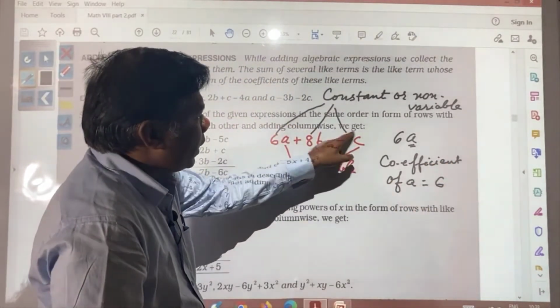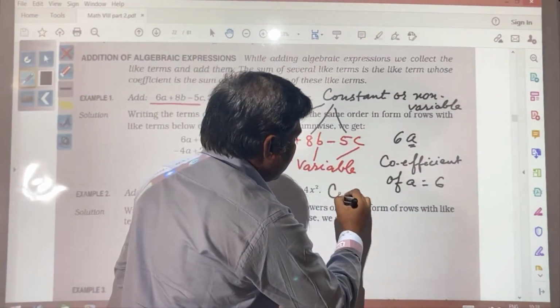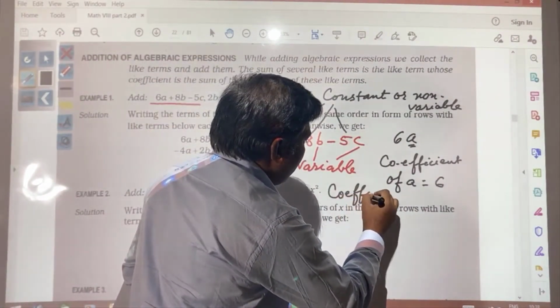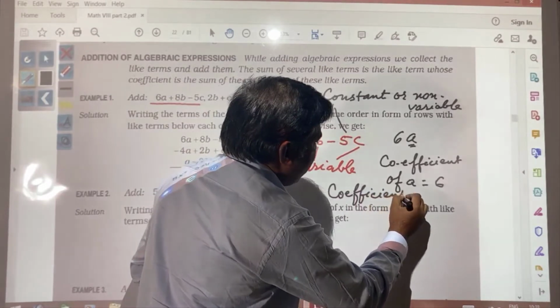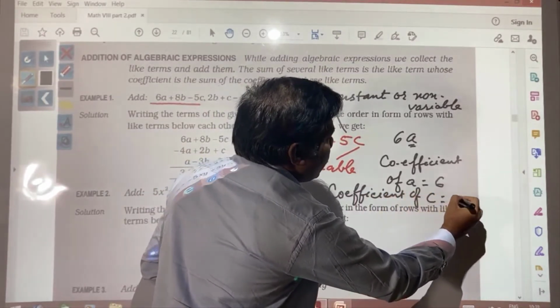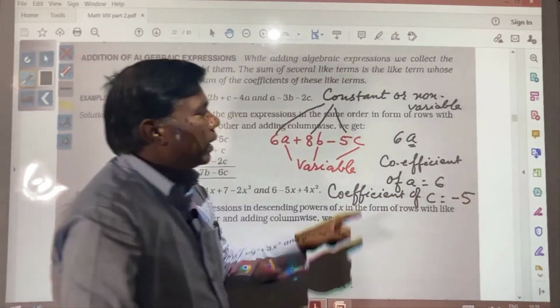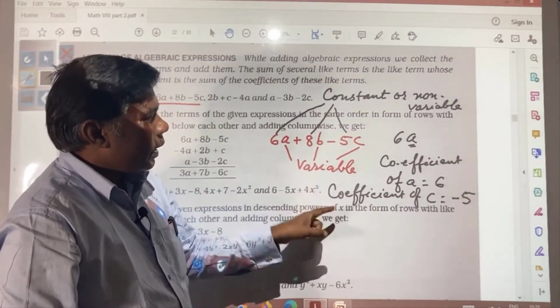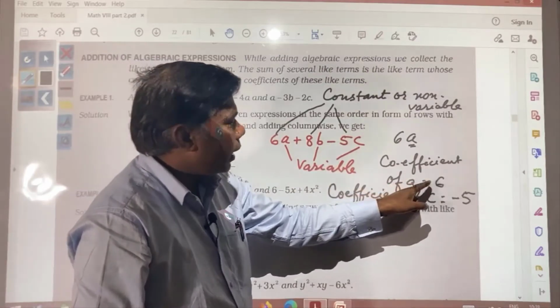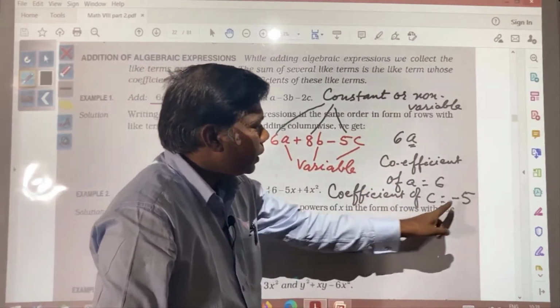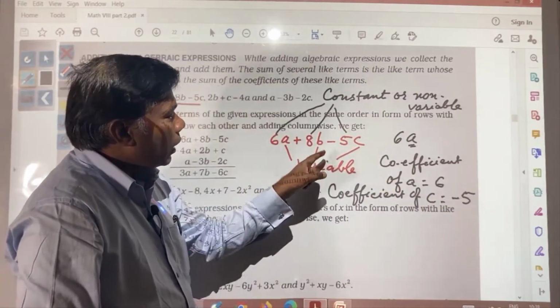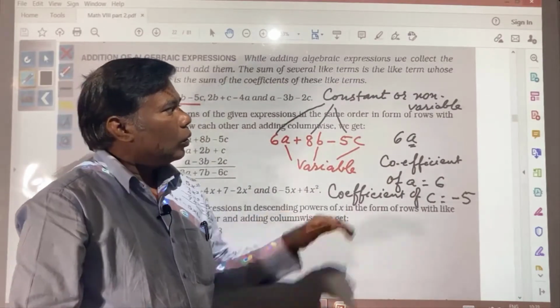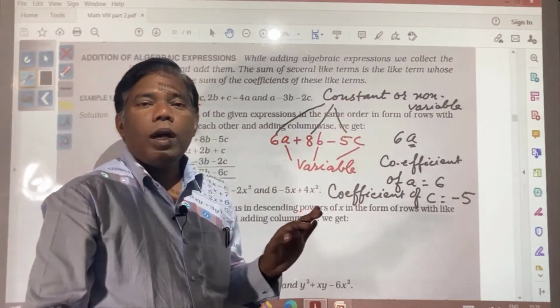Here you see minus 5c, coefficient of c is equal to minus 5. Sign also we take. Here we had positive sign, here we have negative sign. That's why coefficient of a is 6, coefficient of c is minus 5 and coefficient of b is 8. So these three things you need to understand.